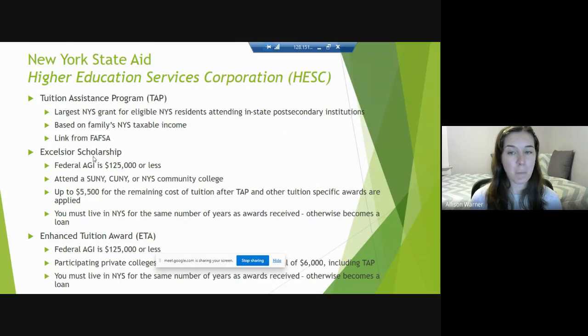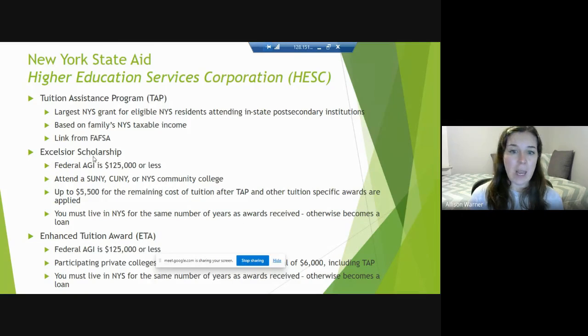And again, as I previously stated, that information is being linked from the FAFSA to get that application process started for you. Now, the next two scholarships I'm going to talk about, the Excelsior Scholarship and the Enhanced Tuition Award, or ETA, are relatively new. A key feature of these tuition-specific scholarships is that the student needs to remain in New York State after graduation for the same amount of time it took for the student to complete their degree.